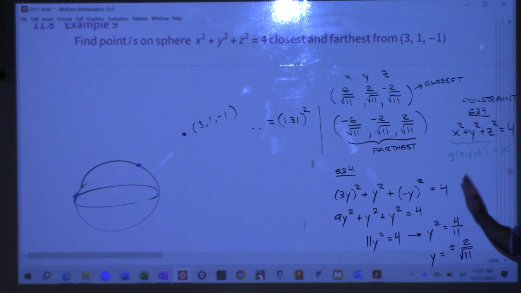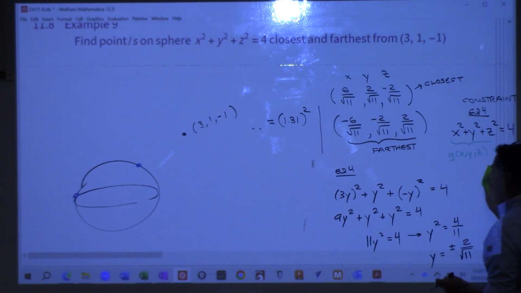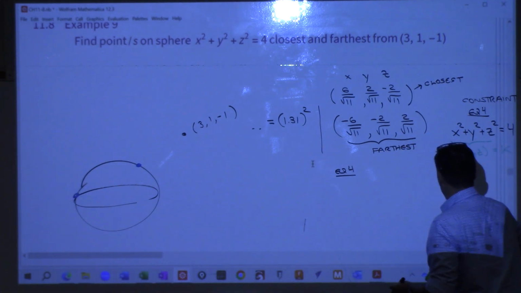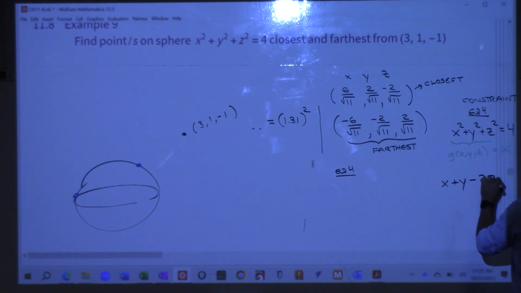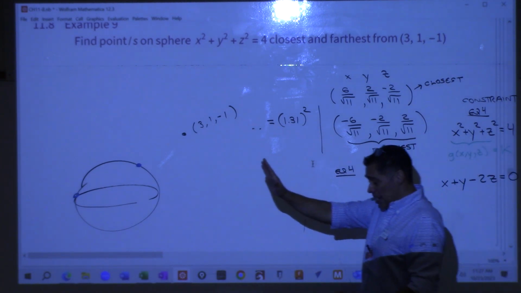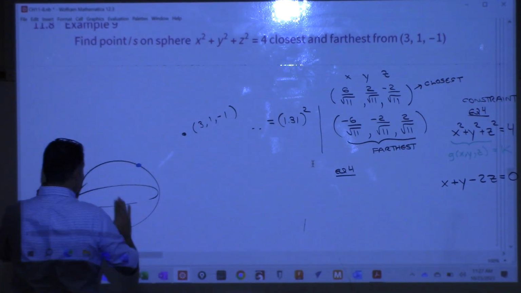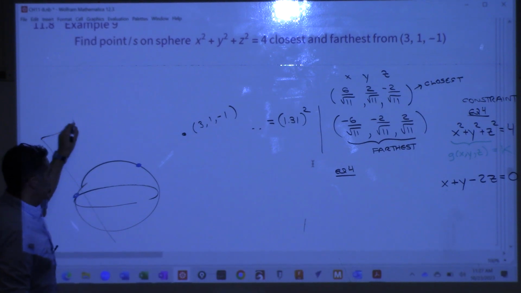But what if, instead of just being constrained to a sphere, I also say you have to be constrained to this? I give you a second constraint. What is this equation? A plane. So imagine a plane coming through here and slicing through this sphere.